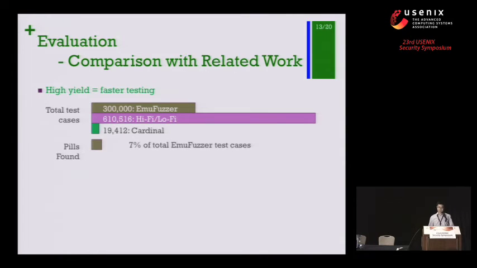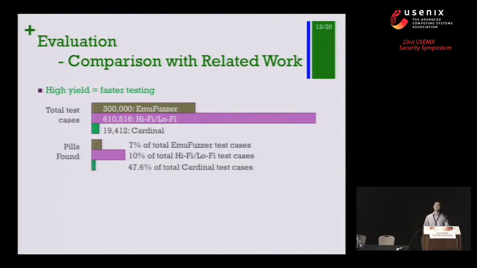For the peers found, about 7% of total cases in ME-fuzzer is peers. And this number is about 10% for chemi-fuzzer. And in our testing, this number is almost 50%, which is a great improvement over the related work.